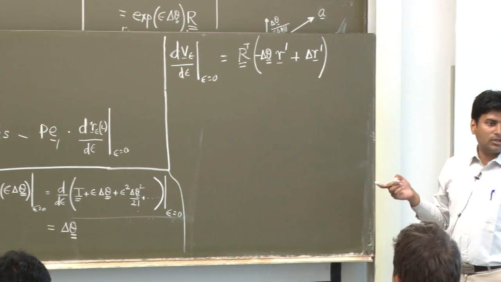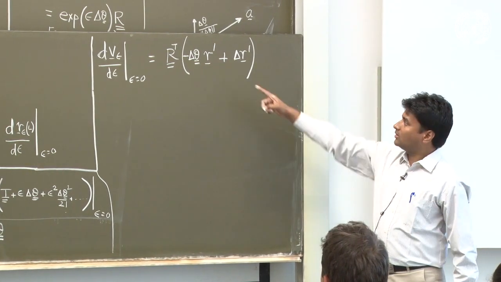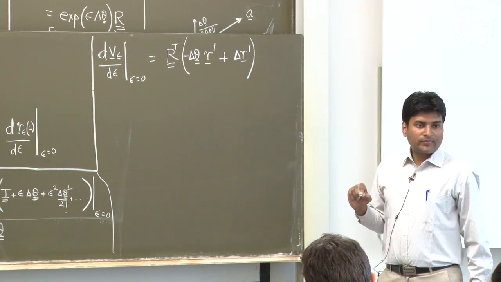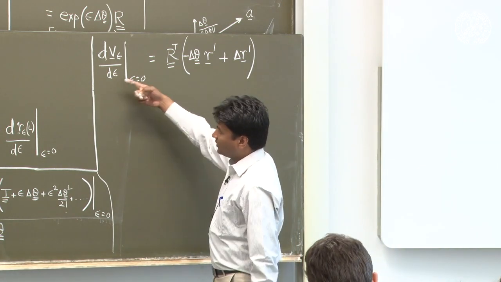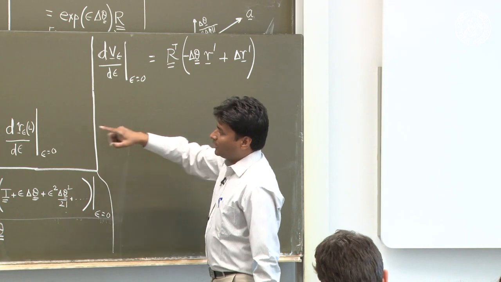So transpose of delta theta is negative of delta theta. Okay, so that's something we already got.